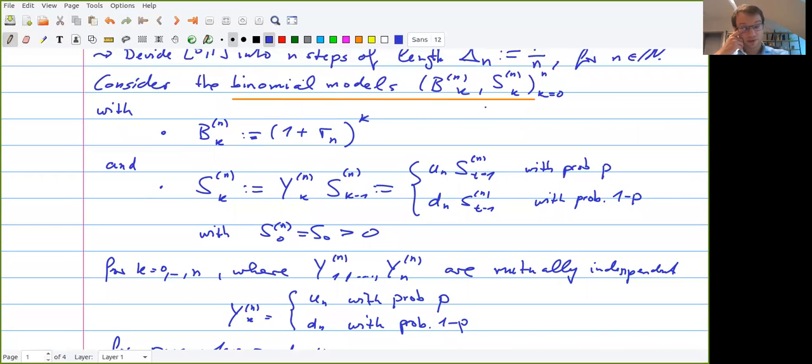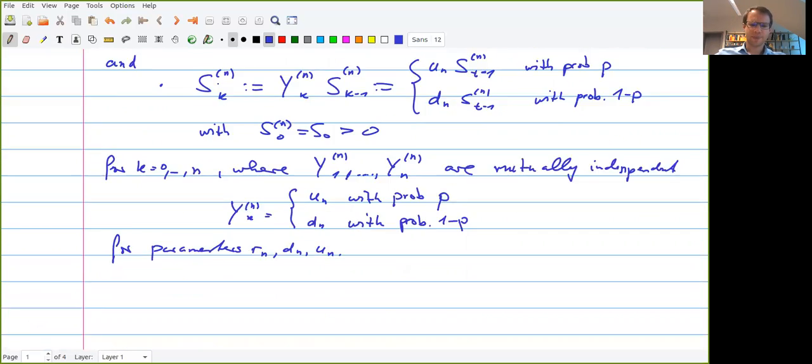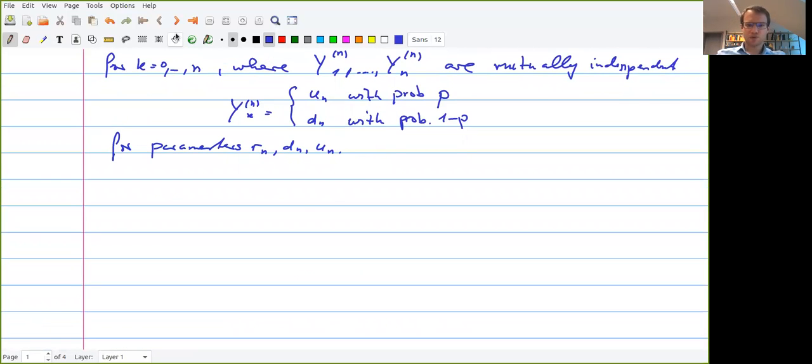So here we have the sequence of binomial models, where we want to make our grid finer and finer. And the question we want to study today is what happens if we send our n to infinity.